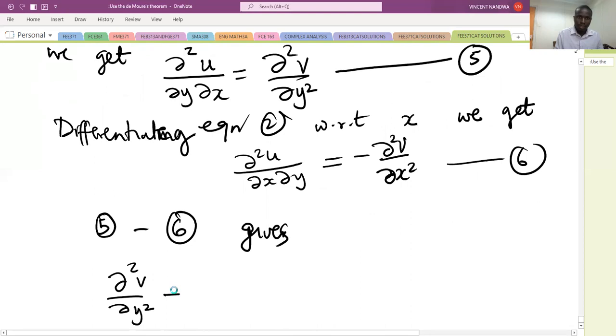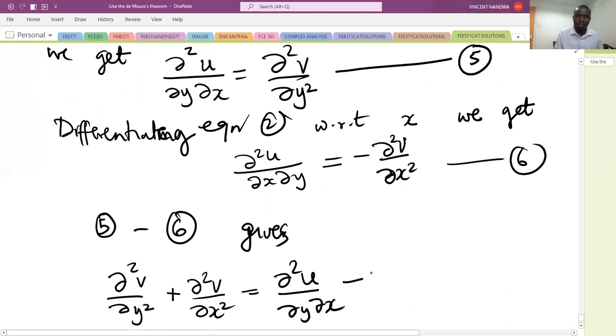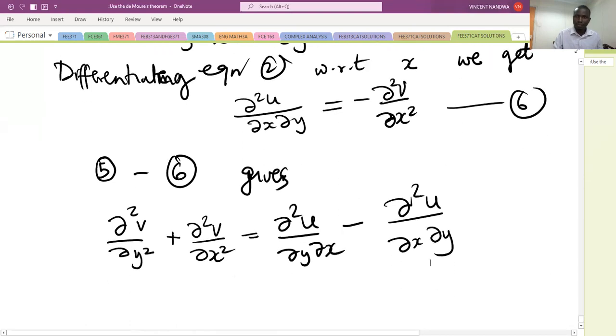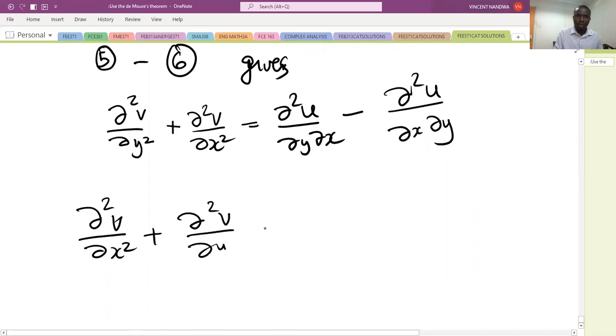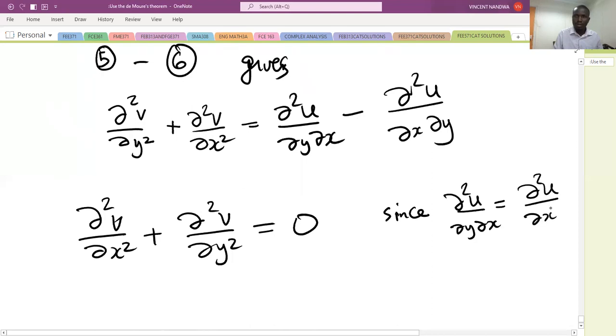Now minus minus will be plus partial squared v partial x squared equals partial squared u partial y partial x minus partial squared u partial x partial y, i.e. partial squared v partial x squared plus partial squared v partial y squared is the same as 0 since partial squared u partial y partial x is equal to partial squared u partial x partial y.